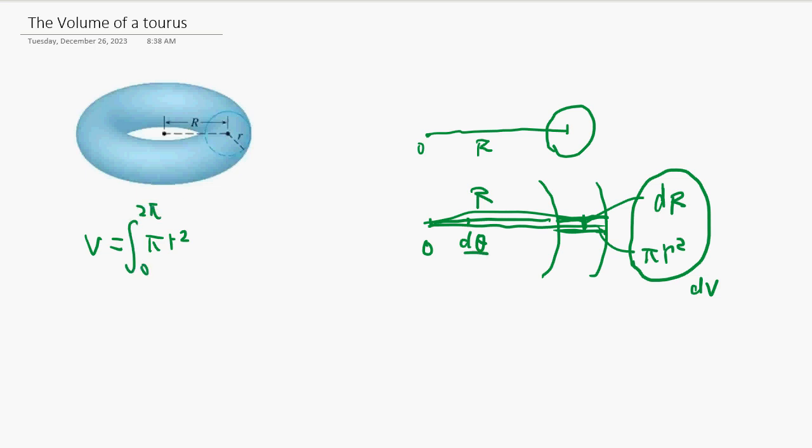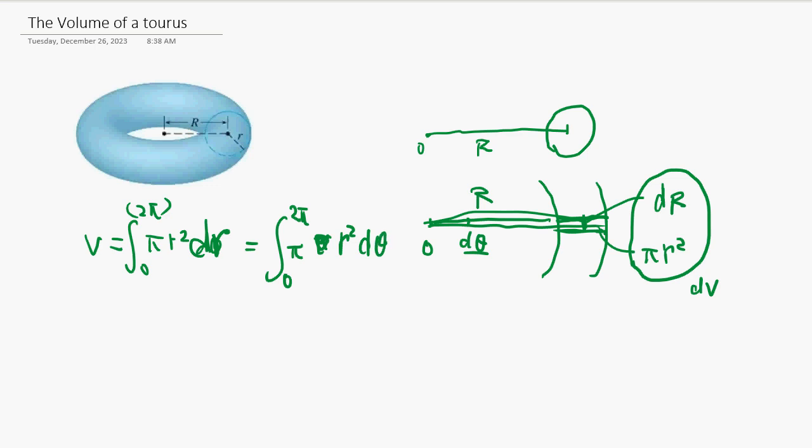This dr is the volume element, but this is the theta, so it's going to be the integral from 0 to 2 pi of pi r squared d theta.